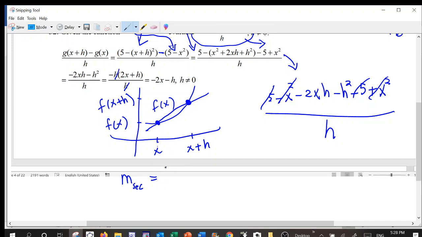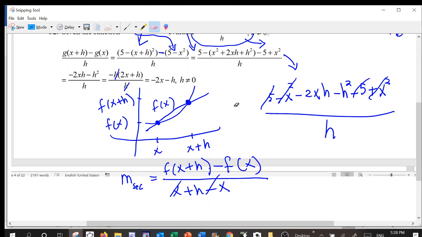Now what's the slope? The slope would be f of x plus h minus f of x, that's y2 minus y1, divided by x2 minus x1. It would be x plus h minus x. And you see these two cancel, we get that expression that we were working with.